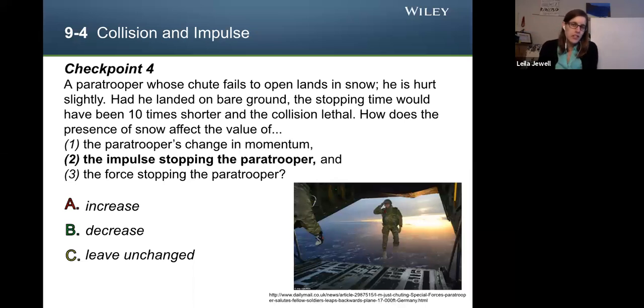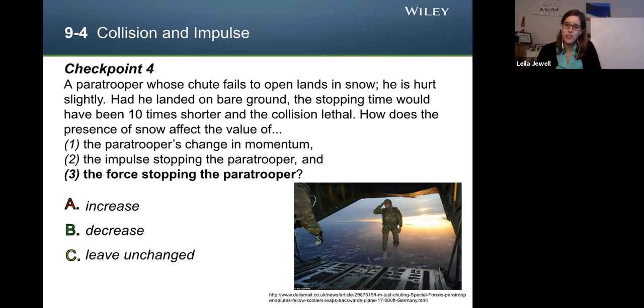And that tells us then about the impulse stopping the paratrooper, because we know that the change in momentum needs to be equal to the impulse based on that impulse-momentum theorem. So the impulse stopping the paratrooper is going to stay the same, which leaves us just the force stopping the paratrooper. How will that compare?